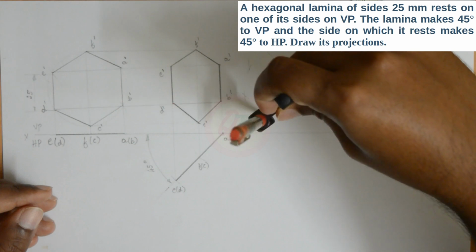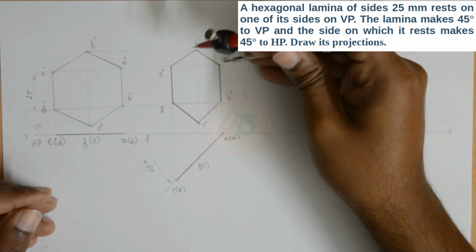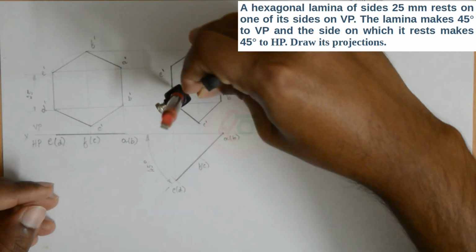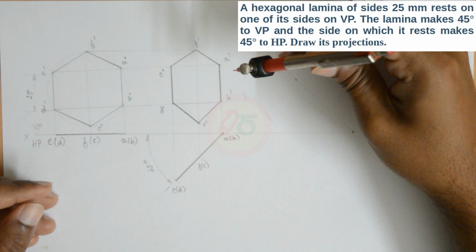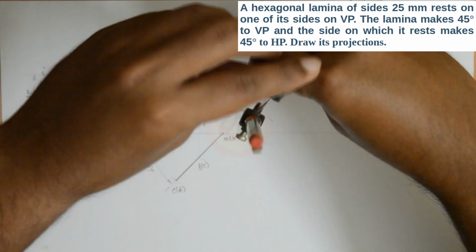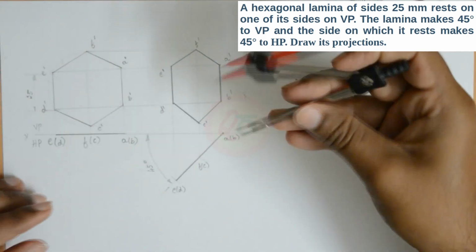Yes, now it doesn't cross the XY line. From A dash to D dash, take the measurement, cut the arc to obtain the intersection.